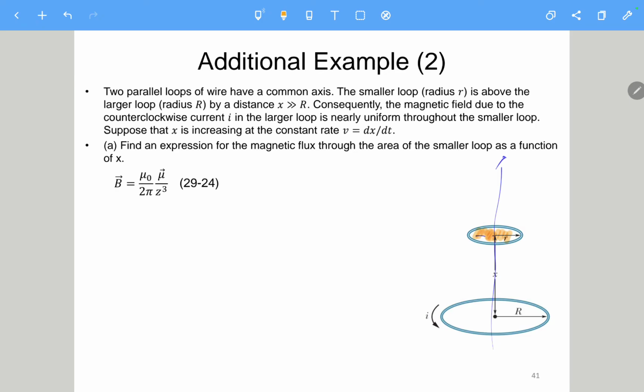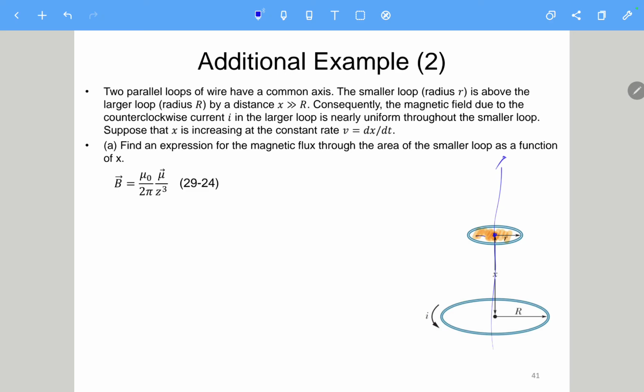Of course, it is not, but the changes might be small. So we just approximate that the B field over this circle is uniform. We assume all the B field takes the same value as the center point, and that will simplify the calculation.